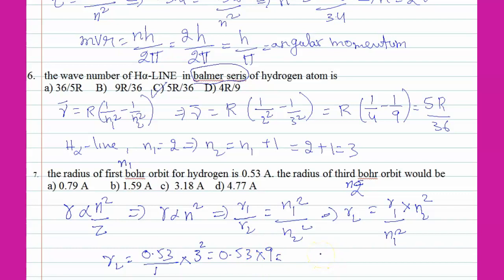If you multiply, you can get the answer. We can get 4.77. So after multiplication we get 4.77 angstrom units. So option D is the correct one.